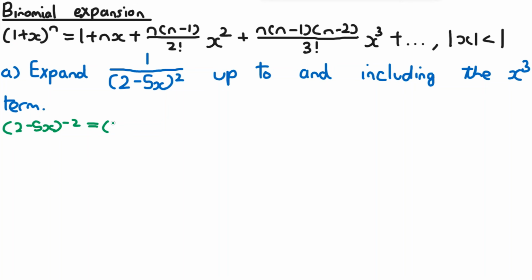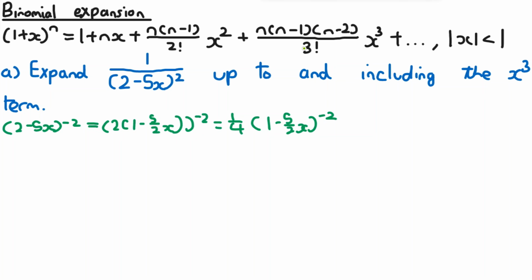So it's going to be 2, and then it's going to be 1 minus 5 over 2x like this, and then this is to the power of minus 2, and then this 2, remember, is still inside this power, so therefore we need to do 2 to the power of minus 2 to move it outside of the bracket, and this is going to be 1 over 4, and then 1 minus 5 over 2x to the power of minus 2 like this.